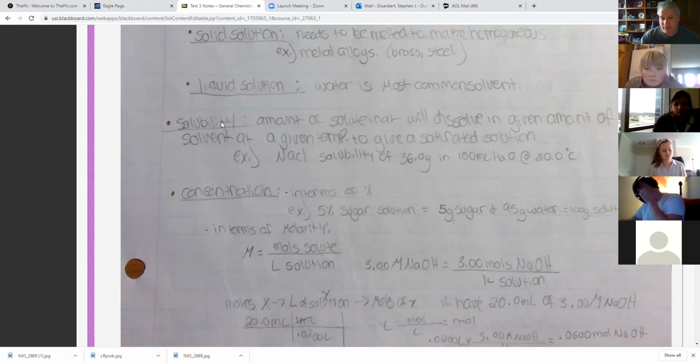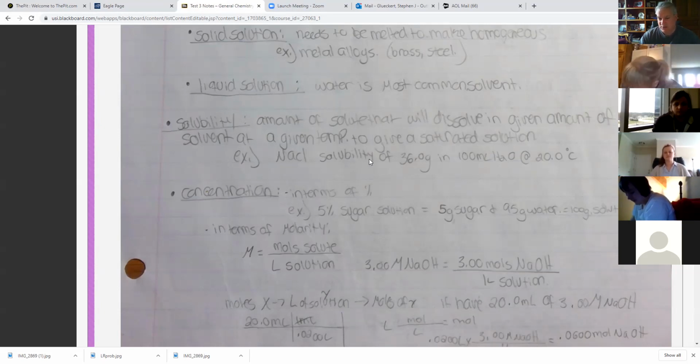We can define solubility to be the amount of solute that will dissolve in a given amount of solvent at a given temperature to give a saturated solution. A saturated solution means no more can dissolve. And just to give you an example, this is very typically how solubility should be stated.